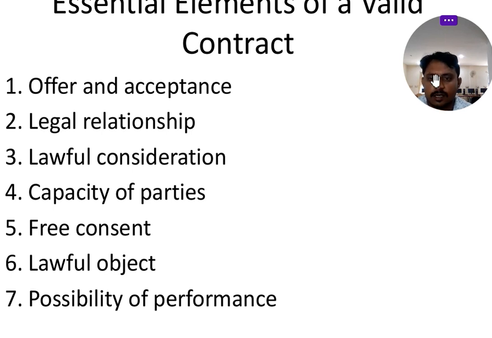So generally it has some points. The elements involved in contracts are offer and acceptance, legal relationship, lawful consideration, capacity of parties, free consent, lawful object and possibility of performance. So these are the essential elements required for the completion of a contract.